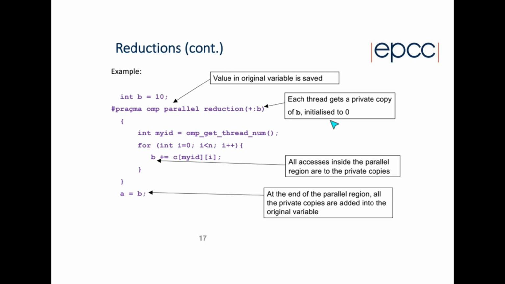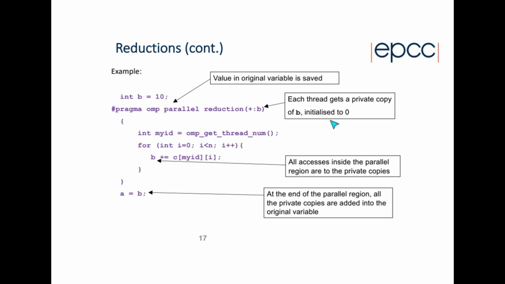For addition, the copies will be initialized to 0. If it was multiplication, they'd be initialized to 1. If it's a max, they'd be initialized to the most negative number possible in the type.